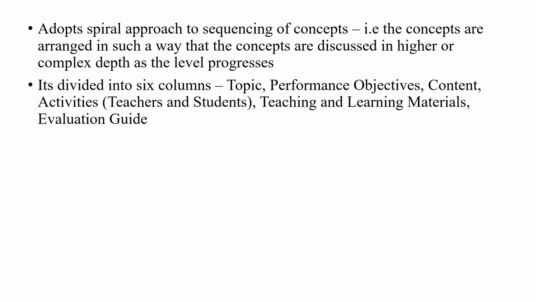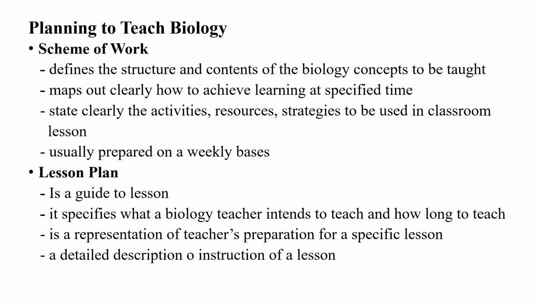Then you have another column, teaching and learning materials. Then you have the last column, which is the evaluation guide. If you look at this, you will see that all these provide the teacher with enough guide on what to teach and how to teach.